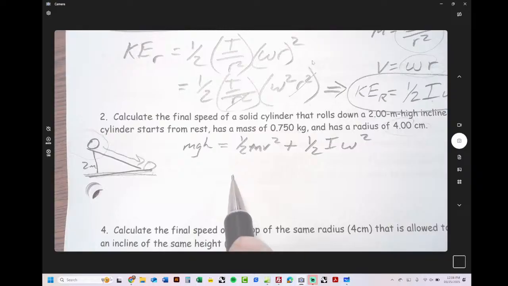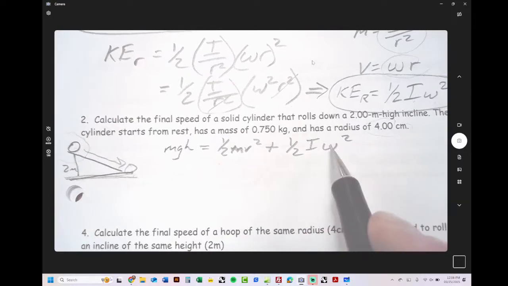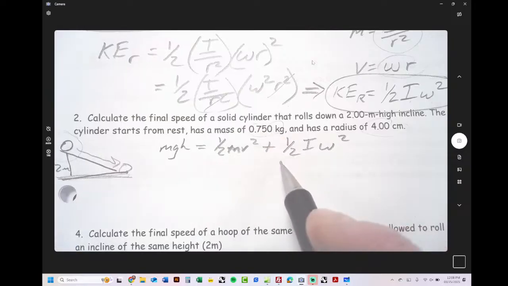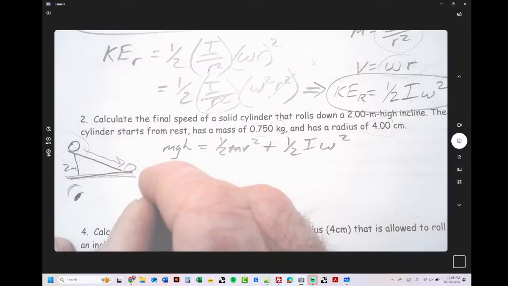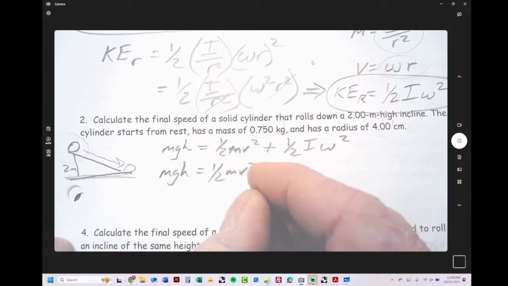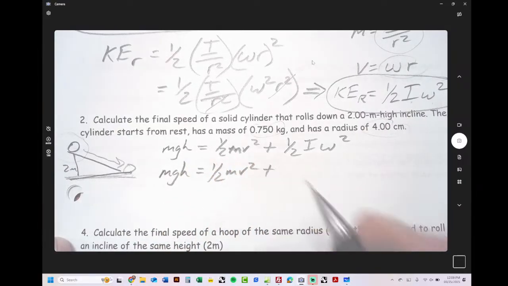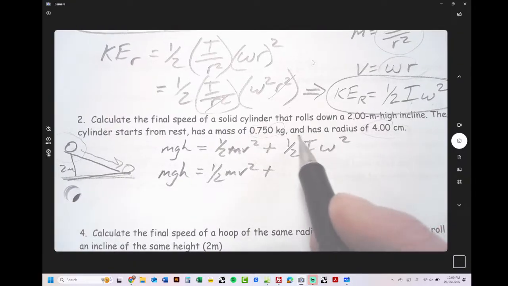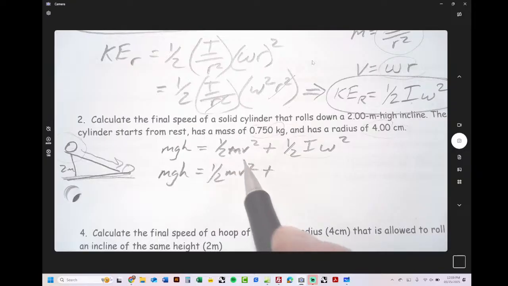And resist any urge that you have to substitute this in for m, because the m's are going to go away. MGH equals 1/2 mv squared. And you could do this different ways, but the easiest way is to make this compatible with these. We need to get m's and v's in here.